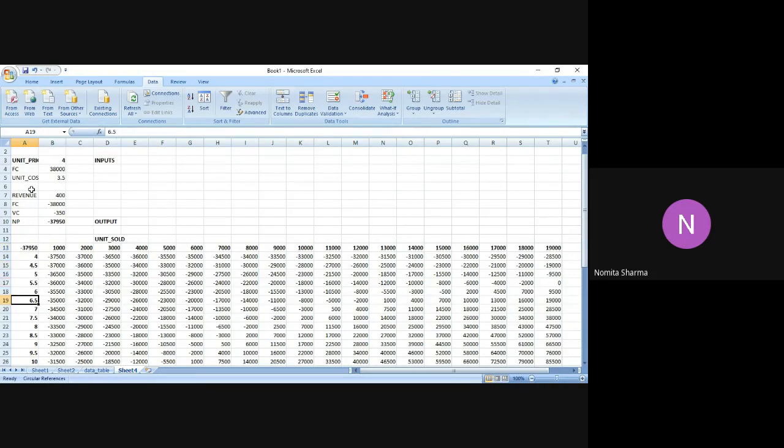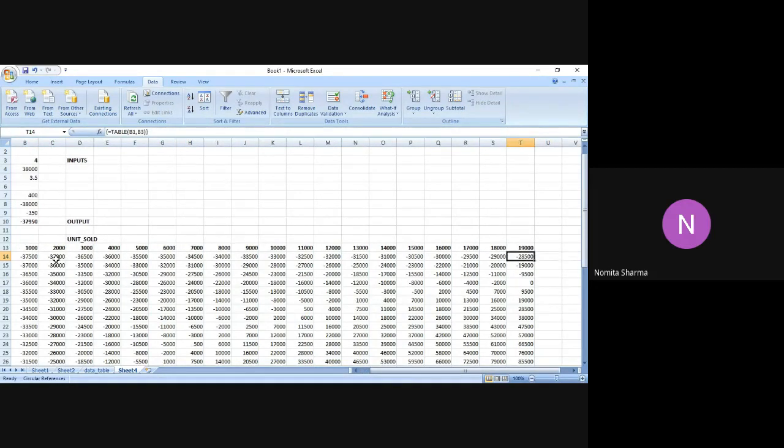So if I just interpret the result that I've got with me, you see that with 1,000 units that I sell at a unit price of just 4, I'm going to get this negative profit. So if I want the same price at 4, I actually can't have positive profit.